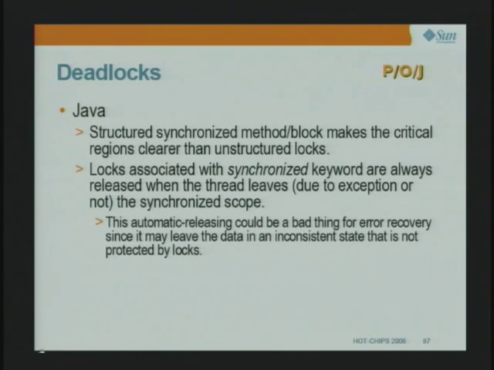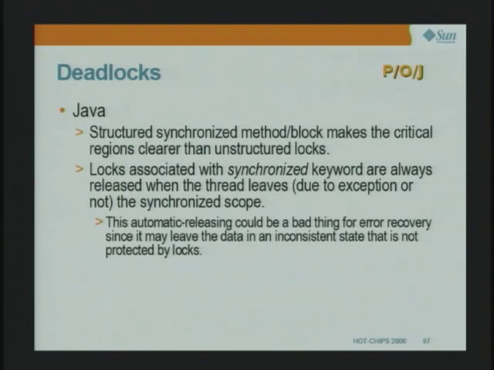For Java, Java has a structured synchronized method or block, which makes a critical section easier and cleaner than unstructured locks. So it makes it easier to reason about what's going on. And the locks associated with synchronized keywords are always released when the threads leave the scope.